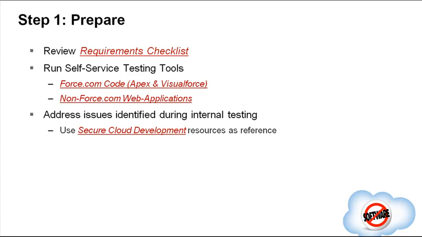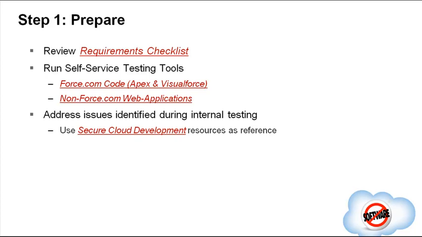You also want to ensure that any issues that are identified during this testing must be addressed prior to submission. This will ensure that you go through smoothly during the testing phase when Salesforce is testing your application.